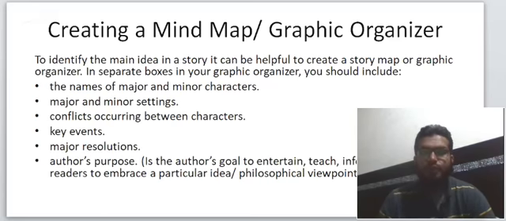Conflicts occurring between characters. What are different ideas, arguments that are taking place between these characters. Key events, major events, and then major resolutions. How these issues are resolved, and then try to determine the author's purpose.